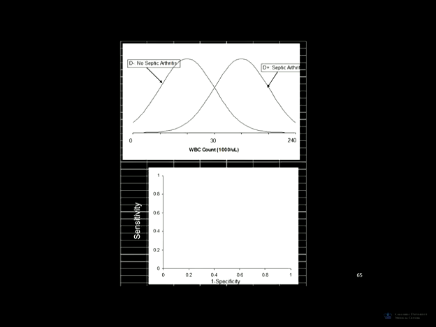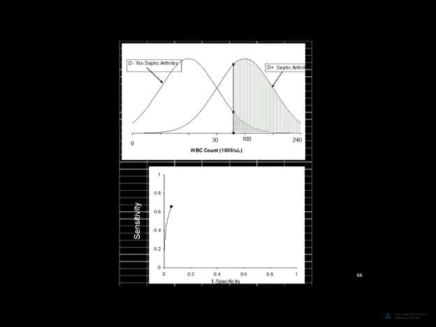Okay? So let's look at some different thresholds for defining a positive test and where that lines up in these distributions. So if we choose a white blood cell count, I think this is about 50,000, you can see that setting the threshold at 50,000, we capture a lot of people who have septic arthritis, but we've labeled a few people without septic arthritis with a positive test.